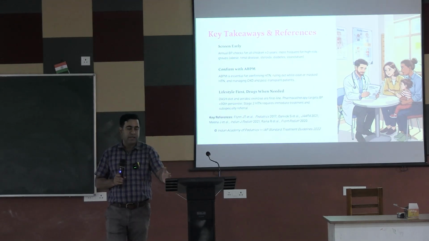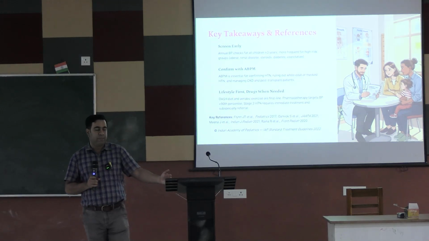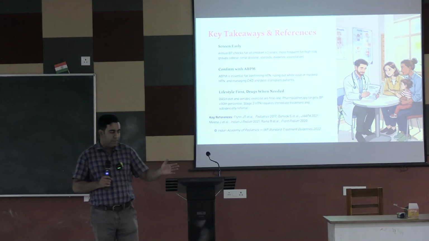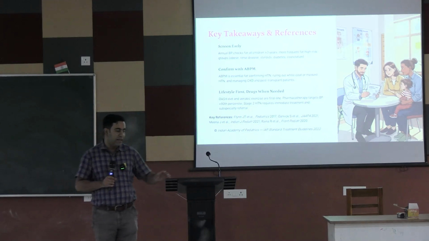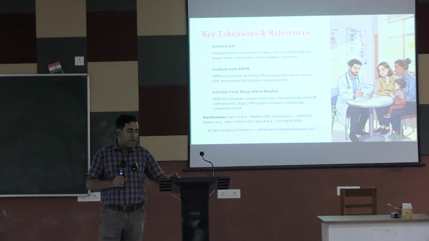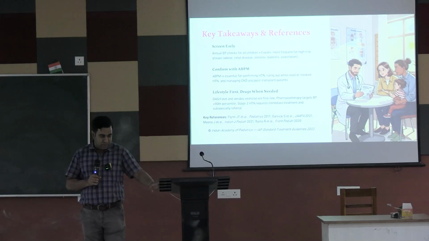In the case of emergency, we have to immediately reduce the blood pressure by 25%. The present blood pressure has to be reduced by 25% in the next 6 to 8 hours. But in case of hypertensive urgency, we reduce BP over 24 to 48 hours. Why is rapid BP reduction not advised?